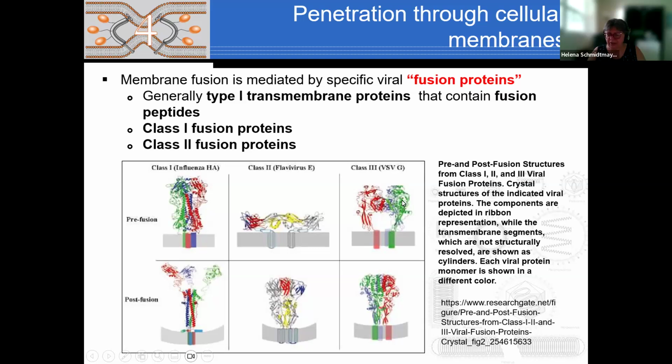It is an elongated fusion protein, and basically it has a perpendicular structure and also a parallel structure. This is only a recently discovered fusion protein, so we don't know as much about class 3 fusion protein as we do about class 1 and class 2.